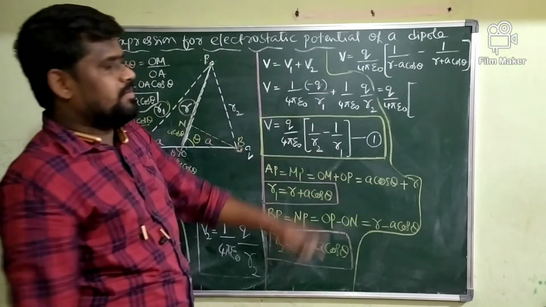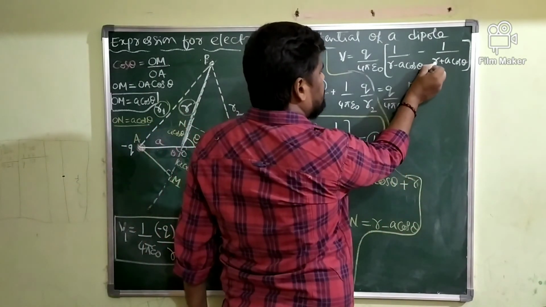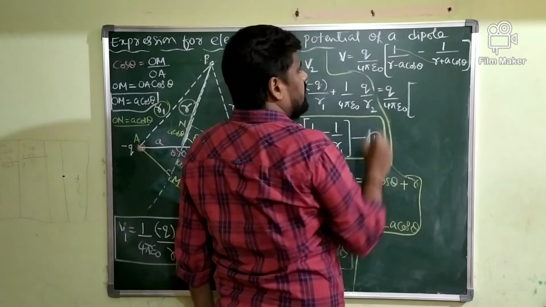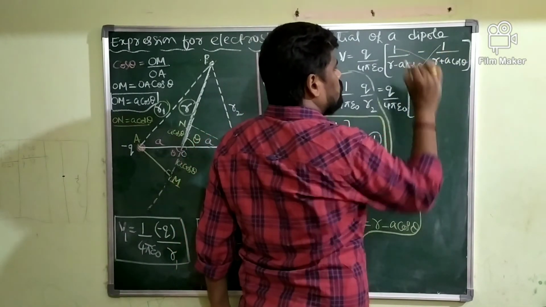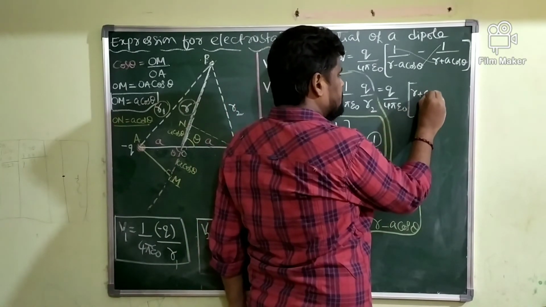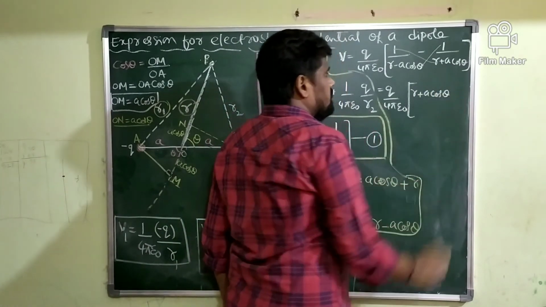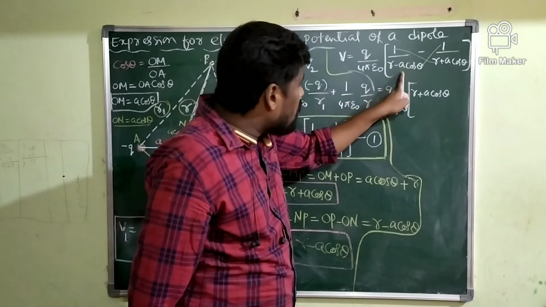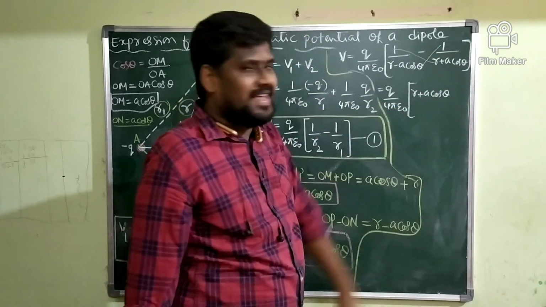Take LCM and simplify. This term will go to the numerator. I can write this as the first term R plus A cos theta, minus of R minus A cos theta.